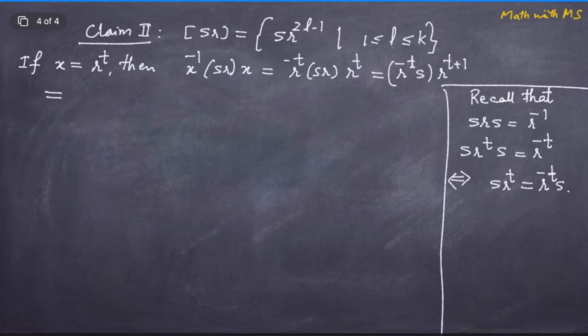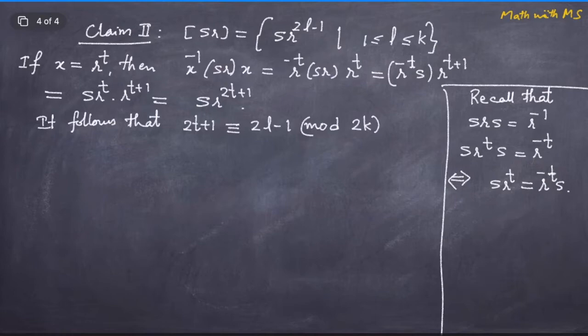So this is the same as S into R to the power t into R to the power t plus 1, right? But then it becomes S into R to the power 2t plus 1.